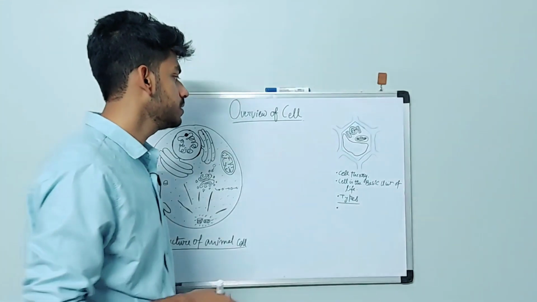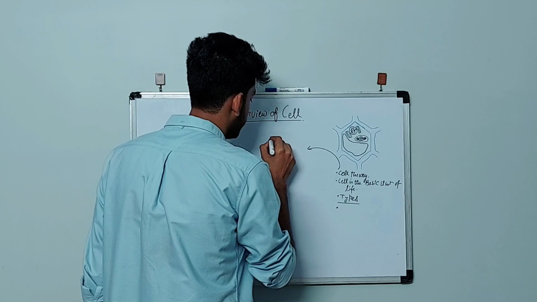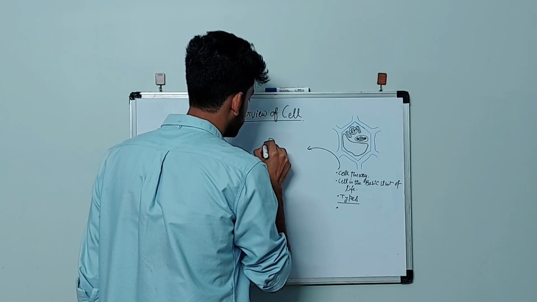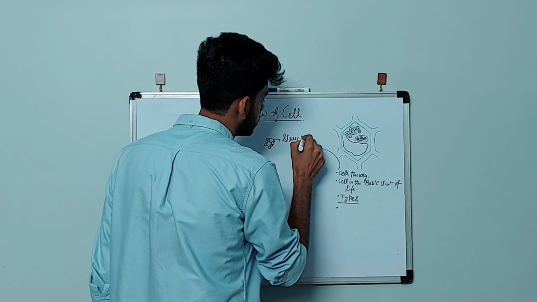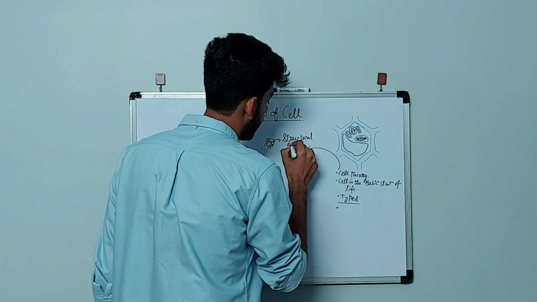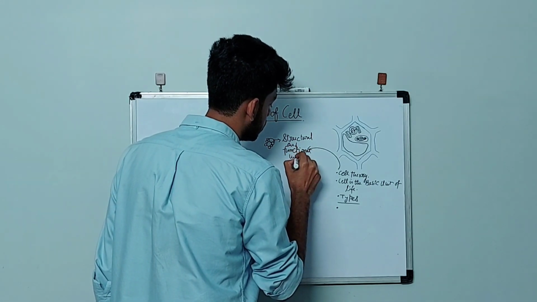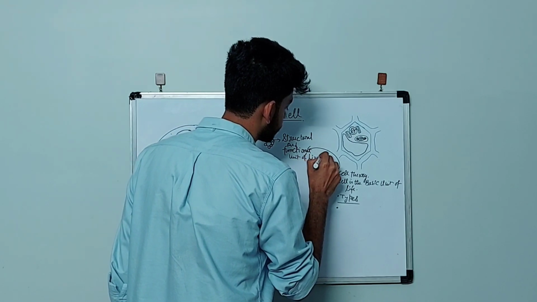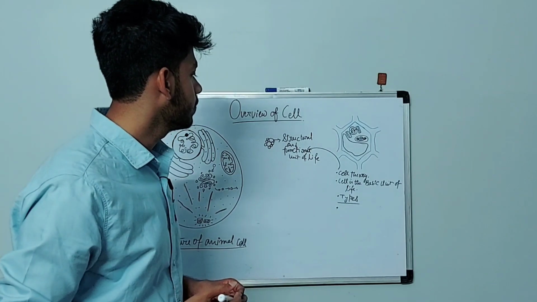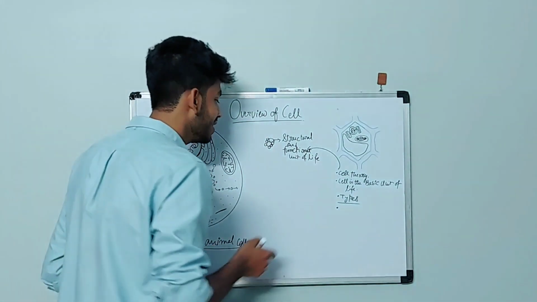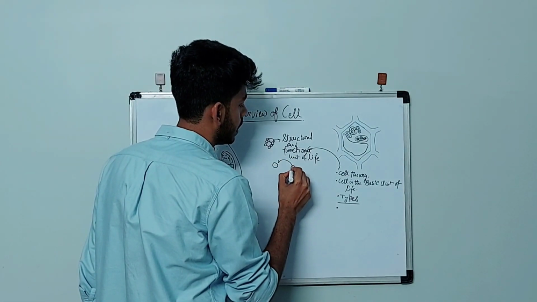Cell theory is what they have said, that each cell is the structural and functional unit of life, and each cell has originated from its previous cell.